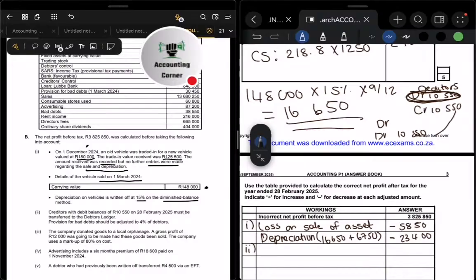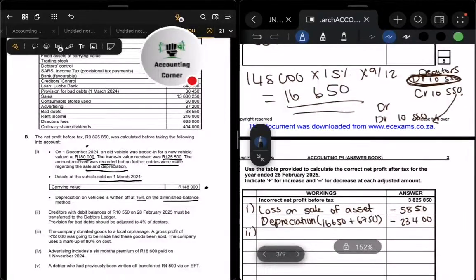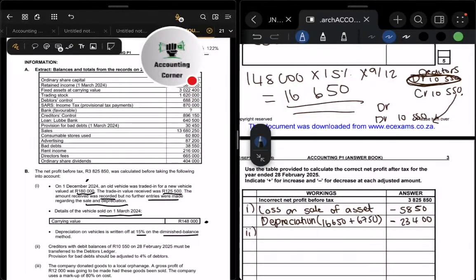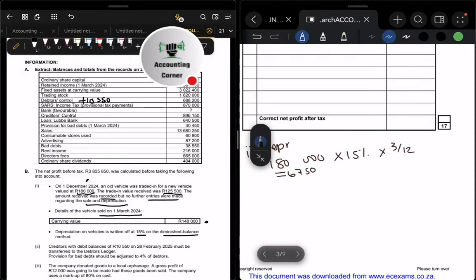Now we're just moving it here. So we credit creditors and debit debtors in order to move it. So now that will increase debtors control by 10,550. So yeah, plus 10,550. So we need to calculate the new debtors. It will be 688,200 plus 10,550. That'll be our new debtors amount.